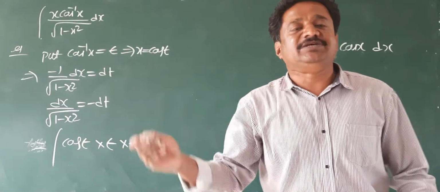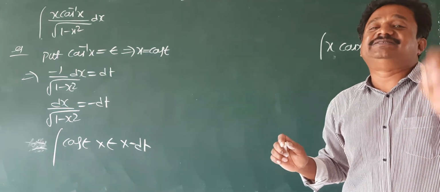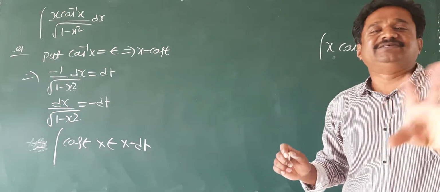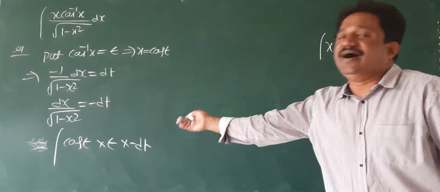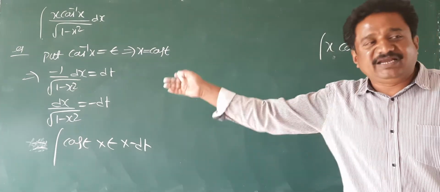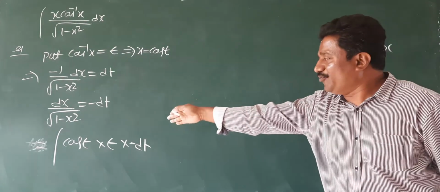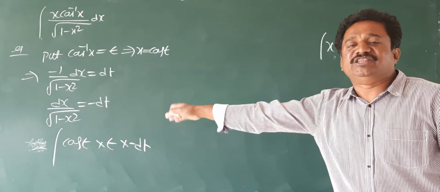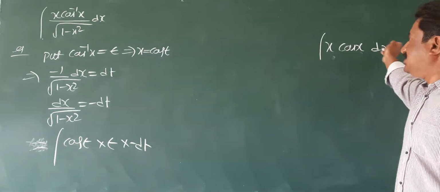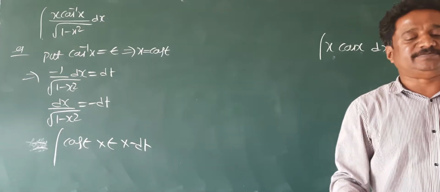The only change is the symbol. Symbol doesn't matter, concept matters. Whether it is t or x, the method is the same. Keep that minus outside and apply parts.